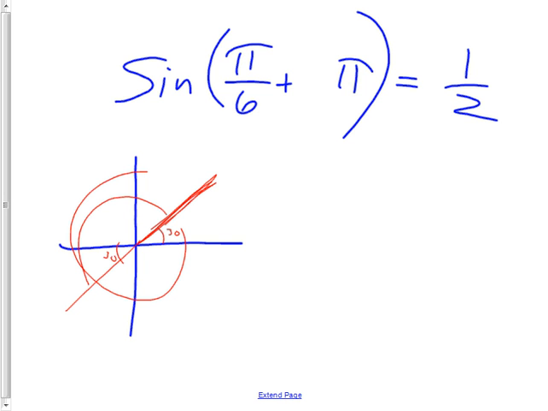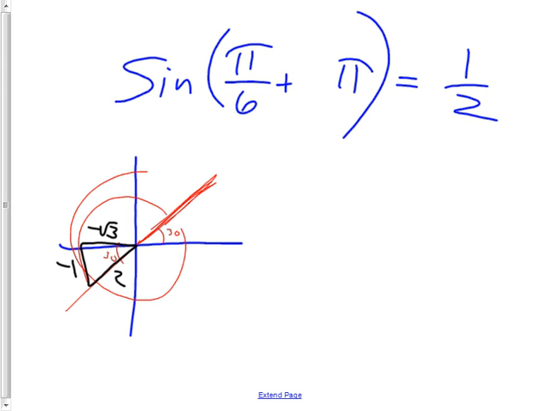So shouldn't it be the exact same thing? You know what I mean? It's still a 30-degree angle. So if I draw this little triangle, if this is a 1 and this is a 2 and this is the square root of 3, so what's wrong with my thinking? This is a negative and this is a negative, and so therefore the answer isn't a half anymore. It's what? Negative a half.